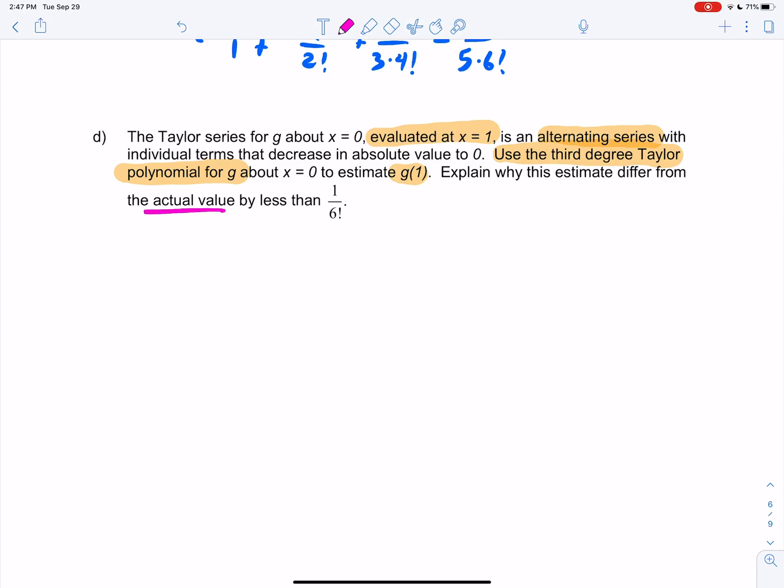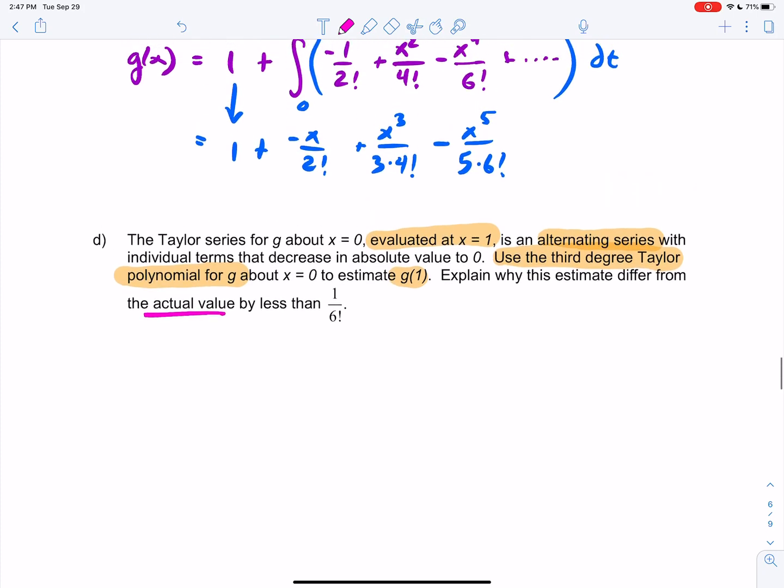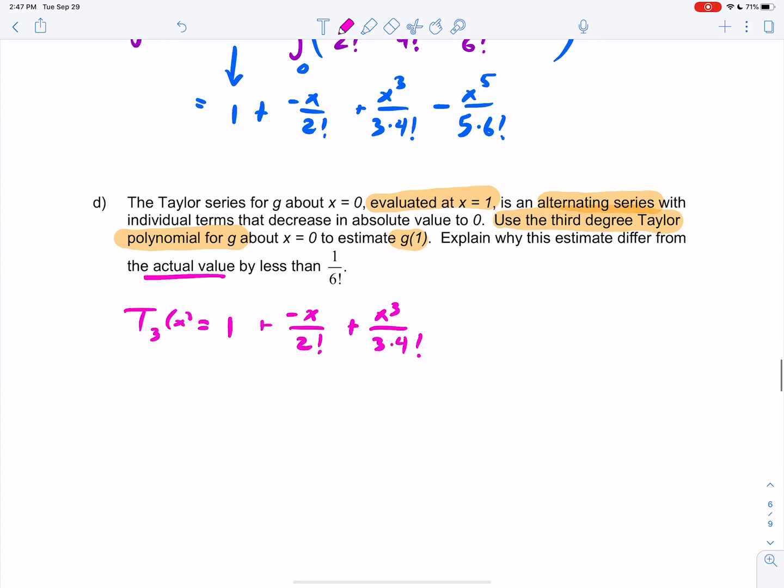So let's go in order. We want to use the third degree Taylor polynomial for g. So that's going to be 1 plus negative x over 2 factorial plus x cubed over 3 times 4 factorial. That is the third degree Taylor polynomial for g. Taylor polynomial sub 3, that's how you would write it.